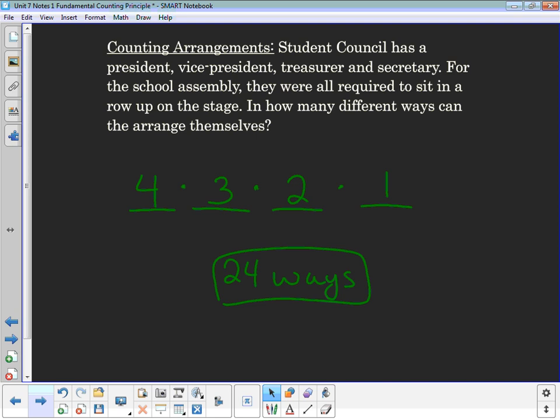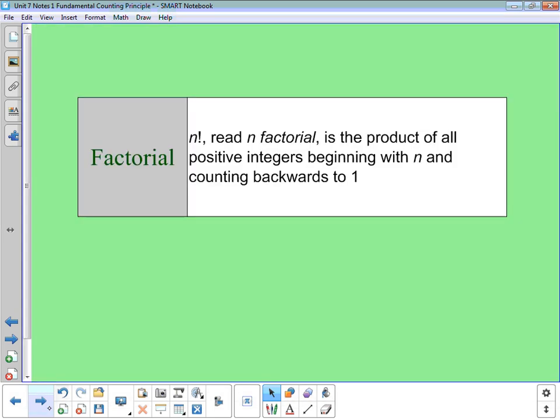And that brings us to factorial. When we look at the word factorial, we're looking at n with an exclamation point. That doesn't mean n, like you're really excited about n. How we read that is n factorial. N factorial is the product of all positive integers beginning with n and counting backwards to 1.